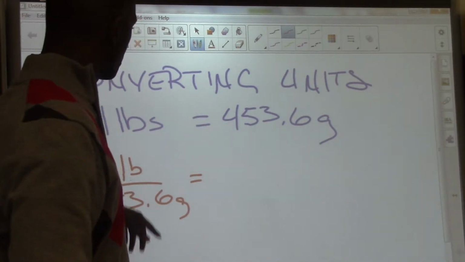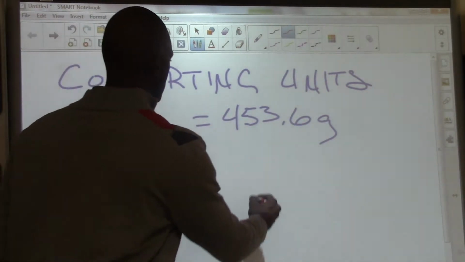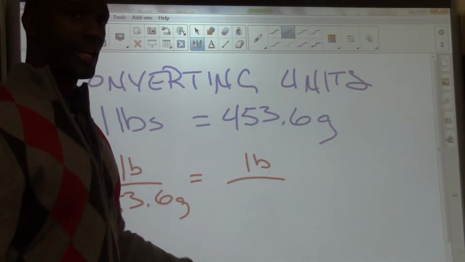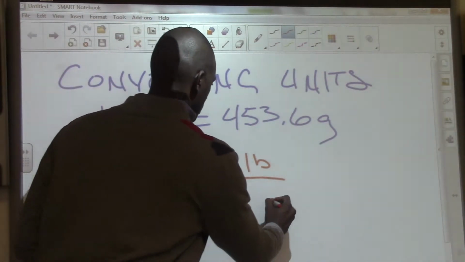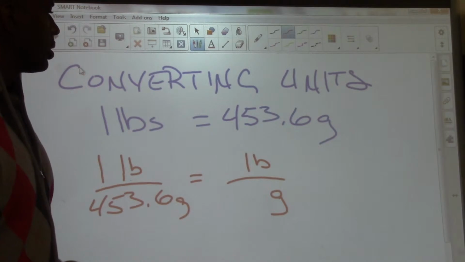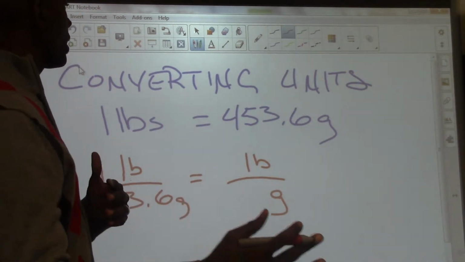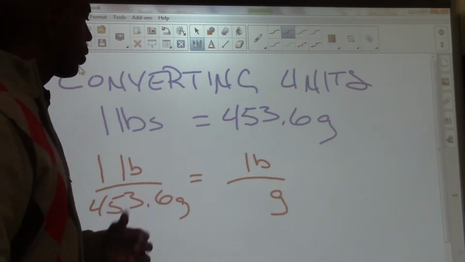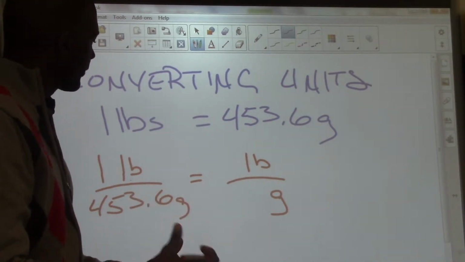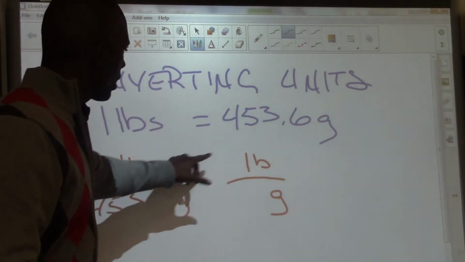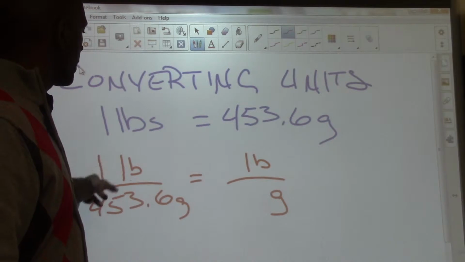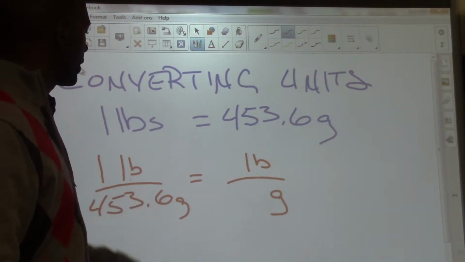The units determine how we set our equations up and how we cross multiply. If we have pounds in the numerator, we place pounds in the numerator on the other side. We have grams in the denominator, so we place grams in the denominator on the other side. Regardless of what we're converting to, pounds is on top and grams is on bottom, because in the initial equation 1 pound equals 453.6 grams.